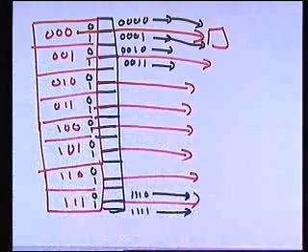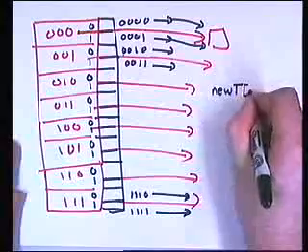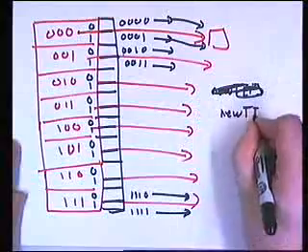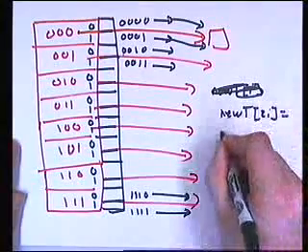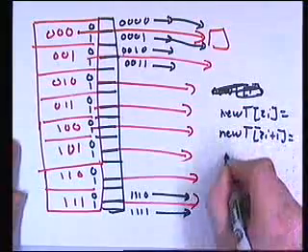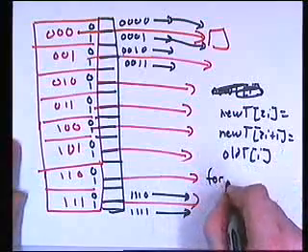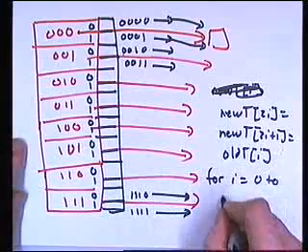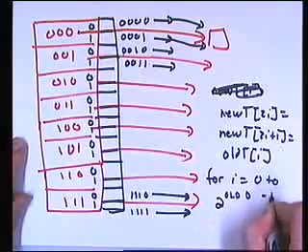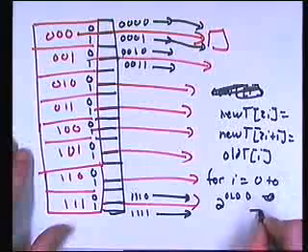And that'll be all the way down the line. What we're basically saying is the new table of 2i equals the new table of 2i plus 1 equals the old table of i, for i equals 0 to 2 to the old d, minus 1.